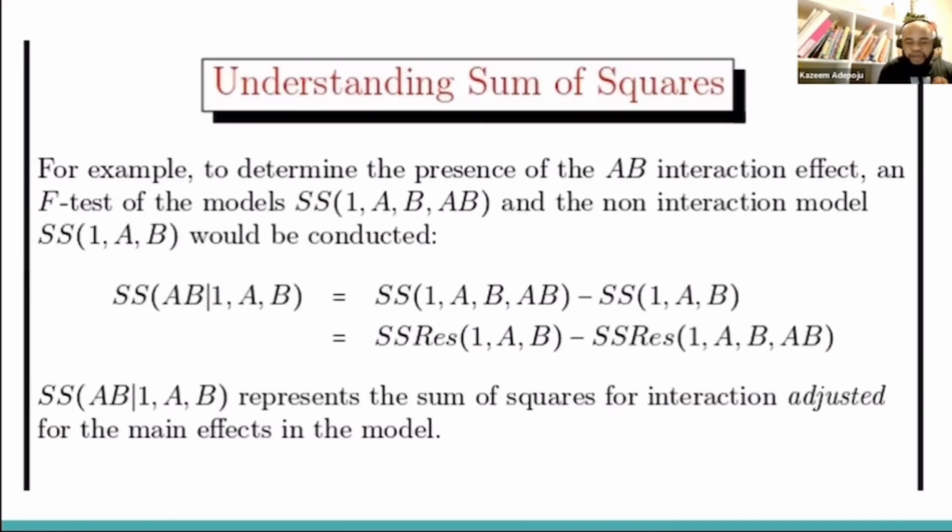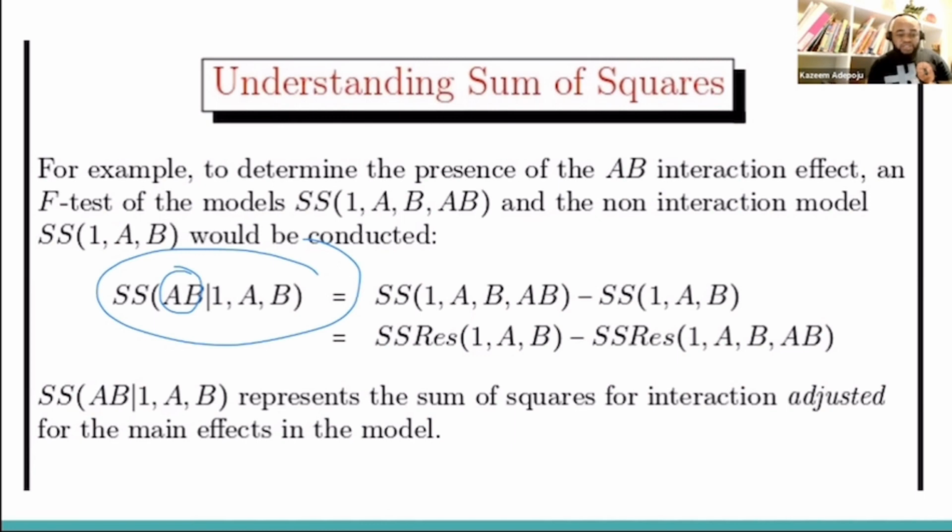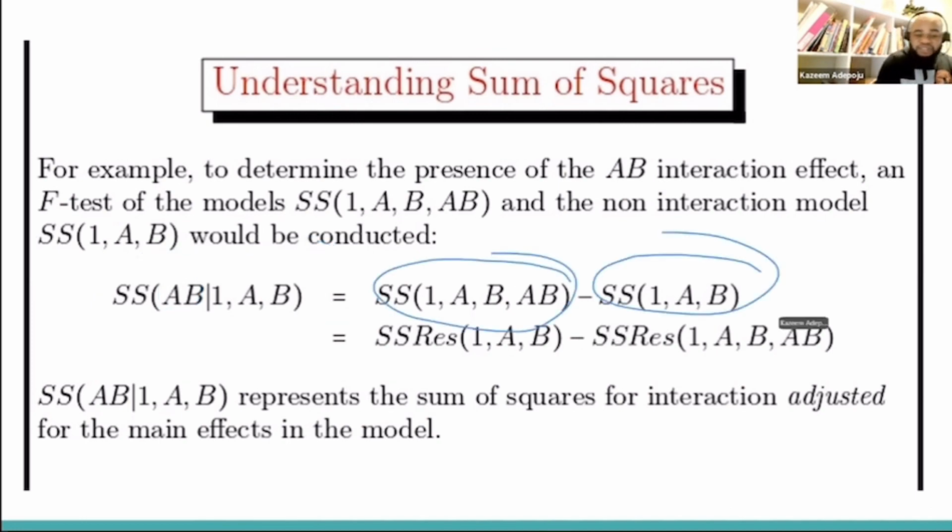Take a look at what I'm doing now. For instance, this one is telling me I want to focus on the interaction, but given that I've already investigated main effect A and main effect B. I'm going to say that again: I want to focus on the interaction now, putting into consideration main effect A and B. The mathematical difference between the model with interaction and the model without interaction will give me the SSAB.